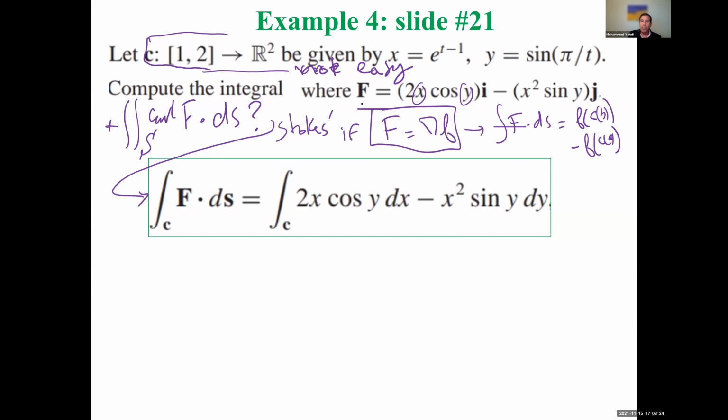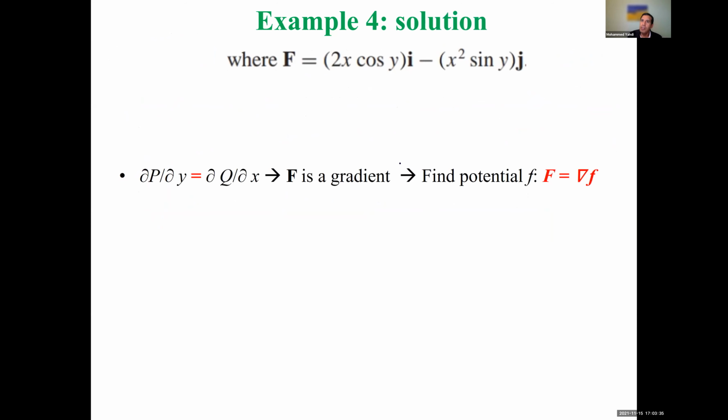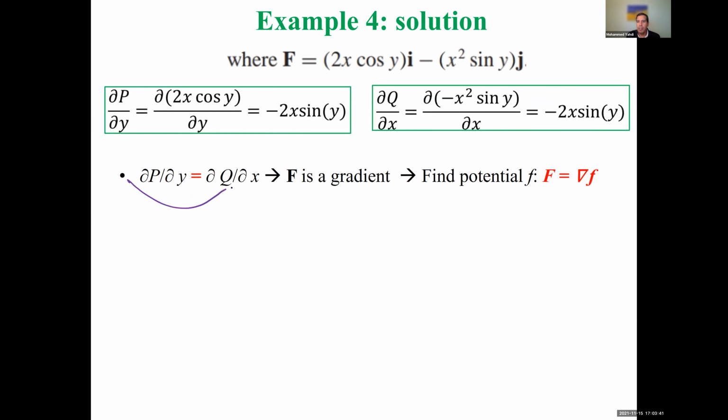Okay, so let's work on this. My hope is this. If I do that, we get through. So this is F. We're going to do the same idea: take the partial derivatives. They're exactly the same. So yes, that's a good thing.